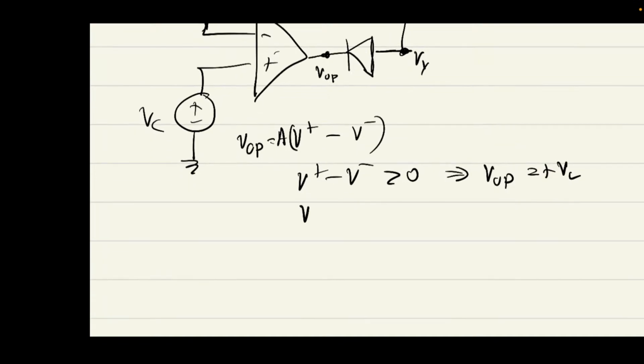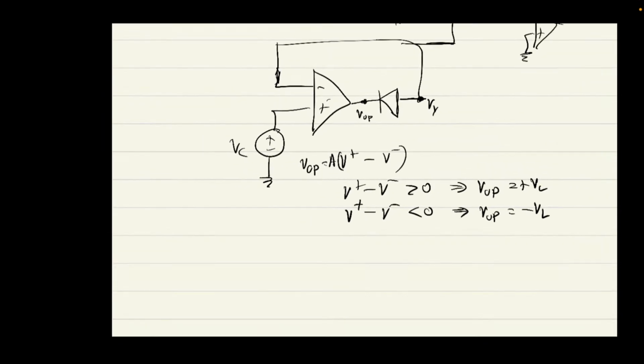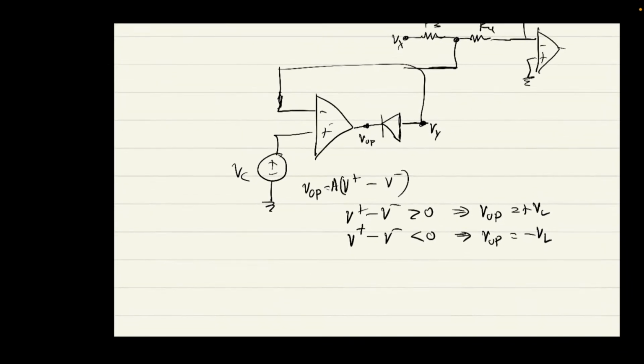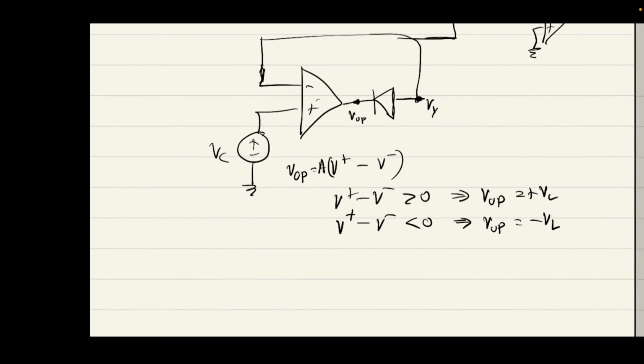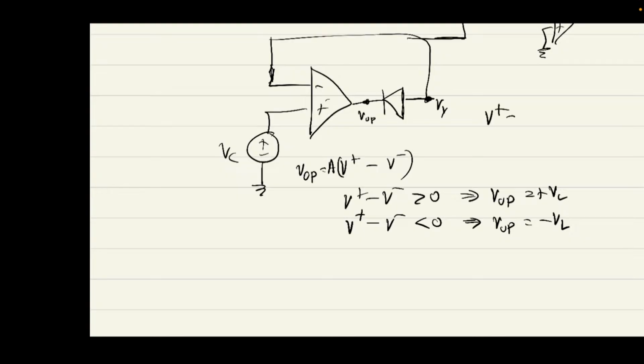And similarly, if V plus minus V minus is less than 0, we can assume that V op is negative VL. Now, what is V plus? Just VC.